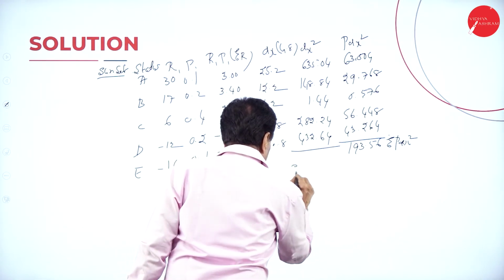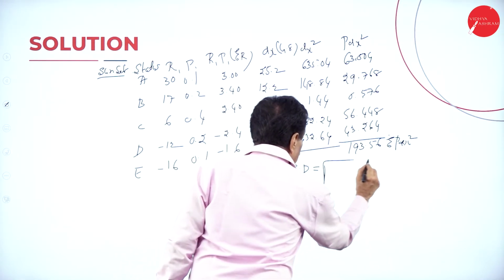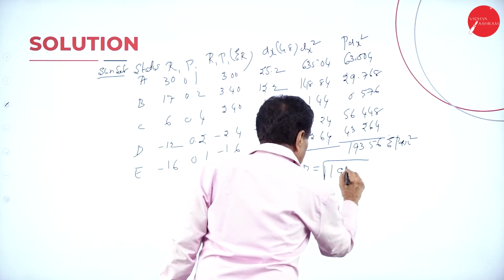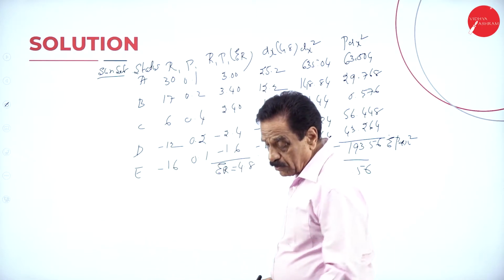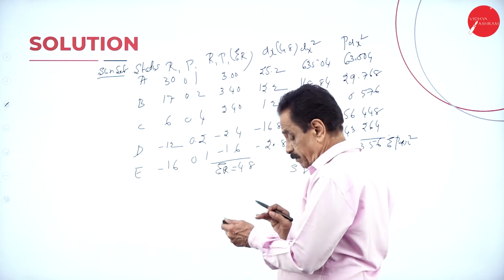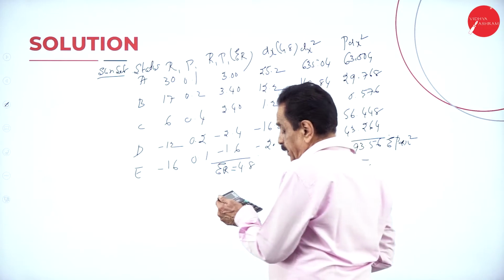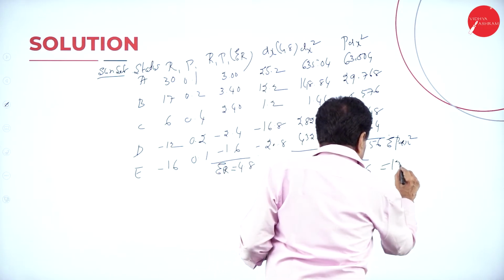Standard deviation is equal to root of 193.56, root of this, 13.91%.